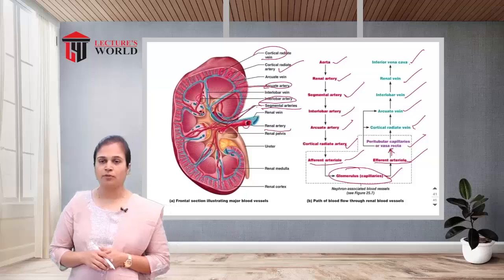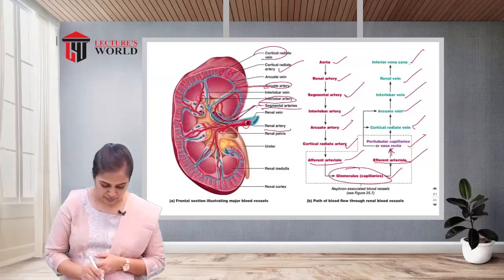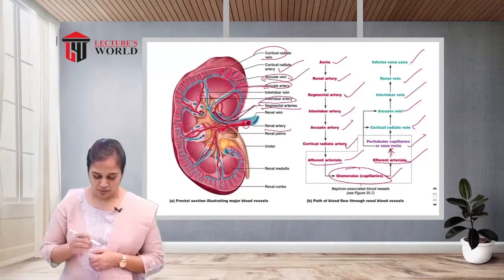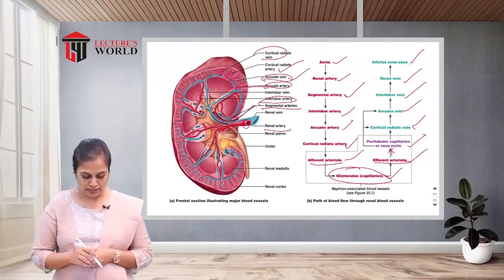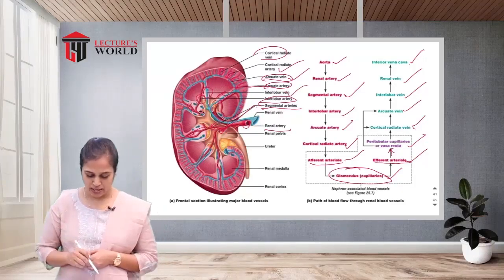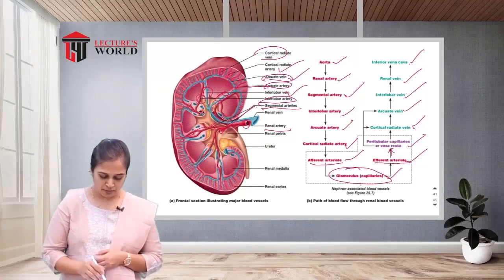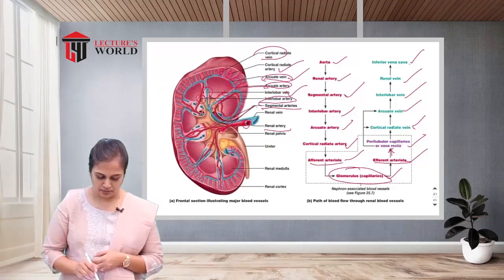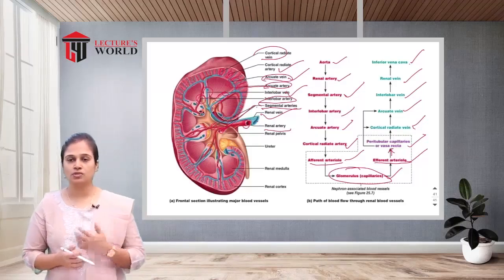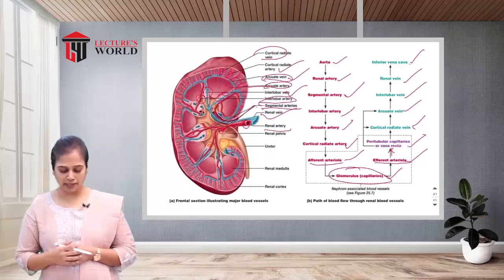From the cortical radiate vein, it comes into the arcuate vein, and from the arcuate vein into the interlobar vein. From the interlobar vein, blood drains into the renal vein, and from the renal vein, blood goes into the inferior vena cava.